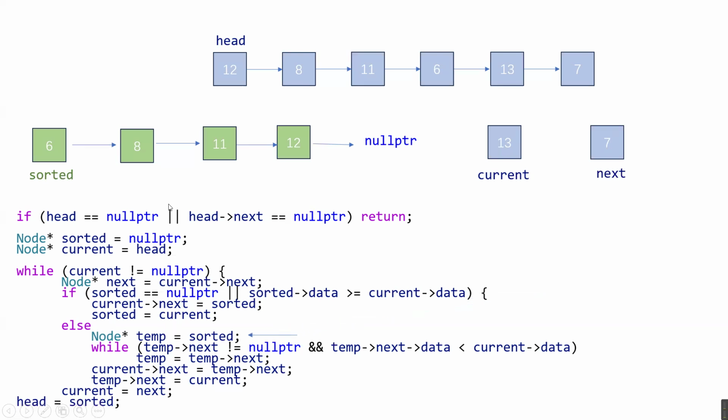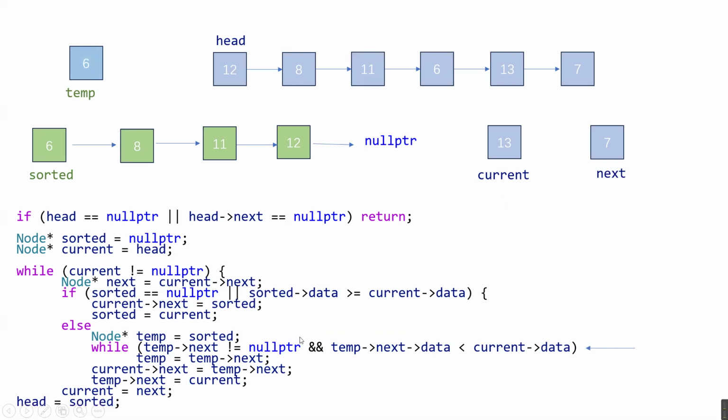We need to traverse all the elements of the sorted sequence and compare with the current to make sure which position is correct for the 13, because we need to insert it into the sorted sequence, right? So we create a new one, from the head of the sequence. And then we get back to the while loop to make sure the next data, this one, is less than the current.